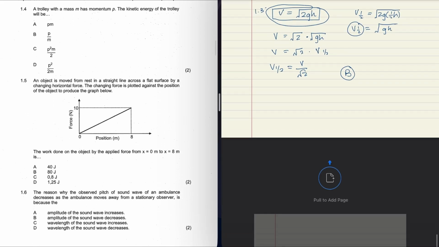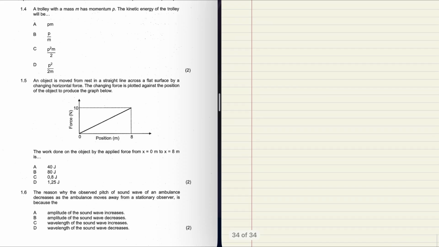Let's take a look at question 1.4. A trolley with a mass m has momentum p. The kinetic energy of the trolley will be. So what we need to do here is to say p is equal to m times v. Now v is therefore going to equal p divided by m.